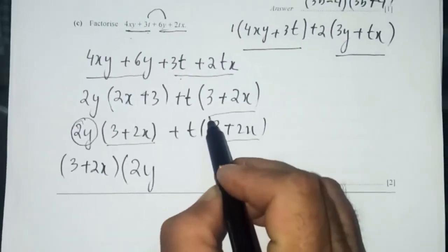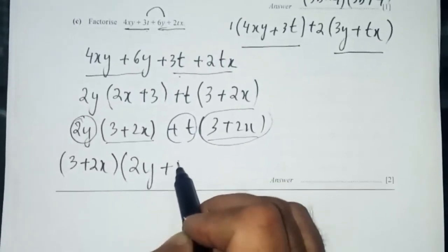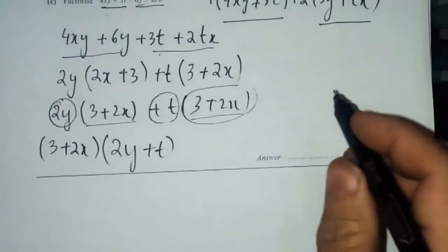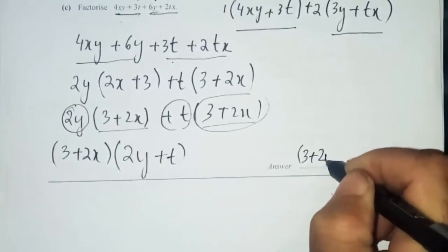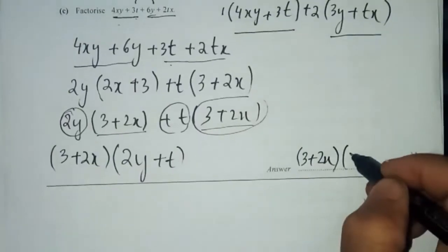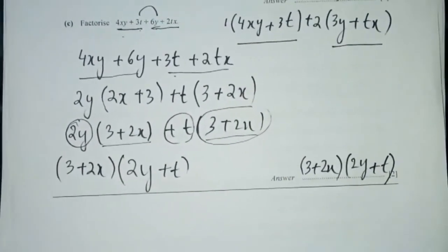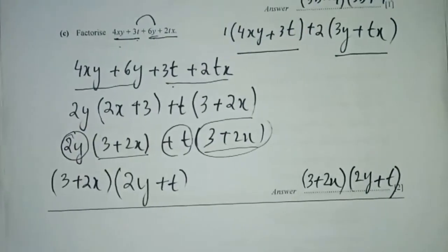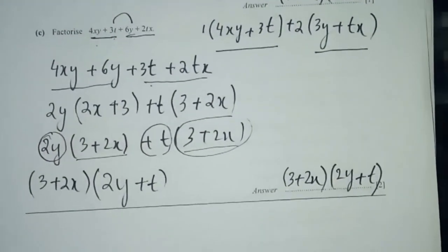After taking this common, what is left? Plus t left. So I will write plus t here. Therefore, the final answer is 3 plus 2x times 2y plus t. So this is our final factorization solution. Hope you understand this question as well.